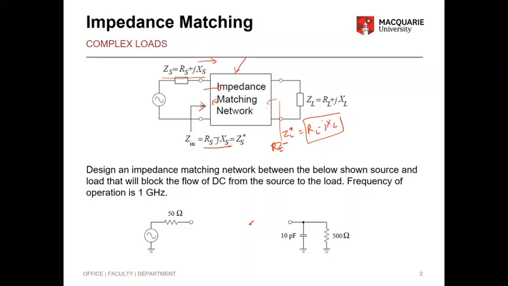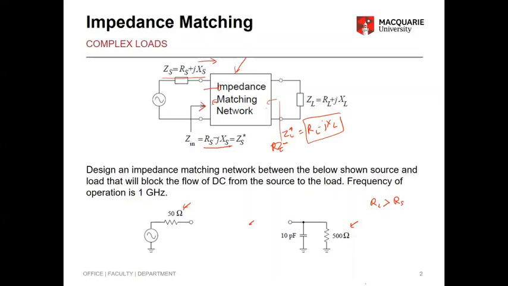We did a very simple example, I think in last week's lecture, where we matched to a pure resistive load. Now today we do another example. This is to design an impedance matching network between the source and load shown below. The source is 50 ohm and the load is 500 ohm, so obviously the load is greater than the source resistance.